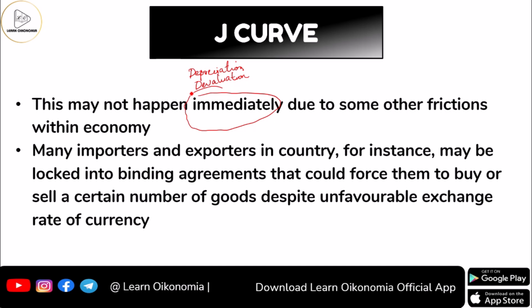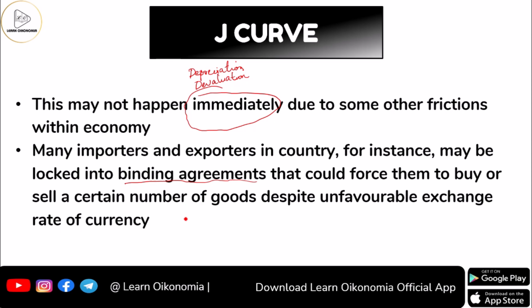For example, we could take a situation where there are binding agreements. Whenever you are in a trade agreement, there would be certain binding guidelines, and you have to stick to these guidelines. So these binding agreements force the parties involved to buy or sell a certain number of commodities despite the unfavorable exchange rate of currency.